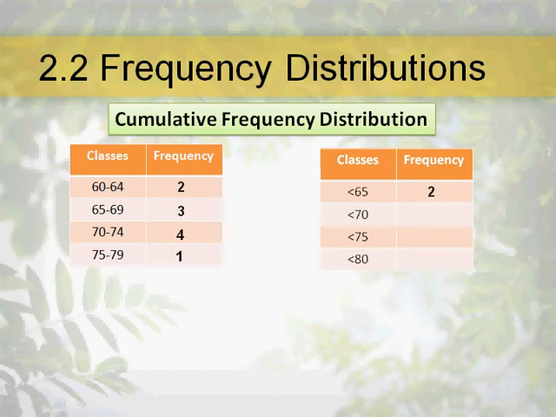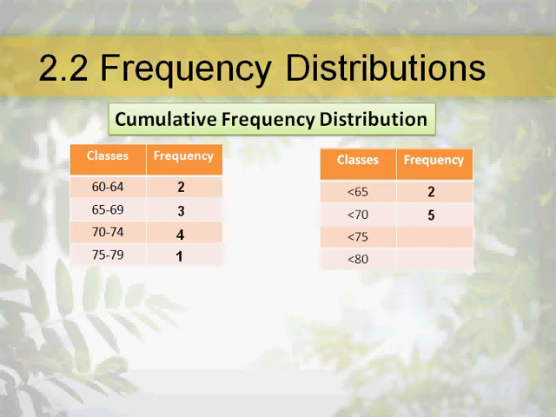For the next class, we consider how many of our data are less than 70. This includes the ones that are between 65 and 69, but also the ones already counted in the first class. So we say 5 of the data are below 70.